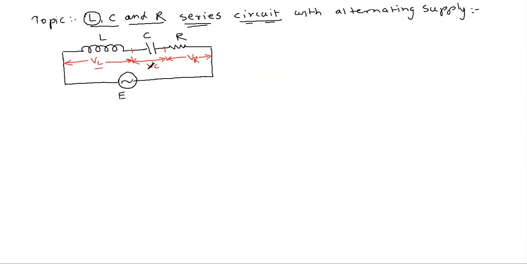So VL, VC, and VR are the respective values of the potential difference across L, C, and R.